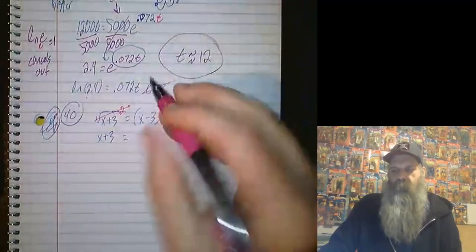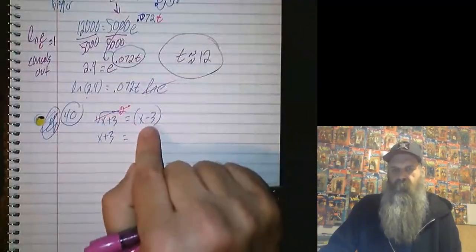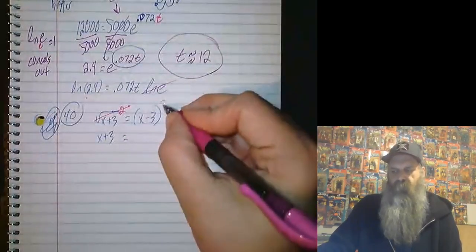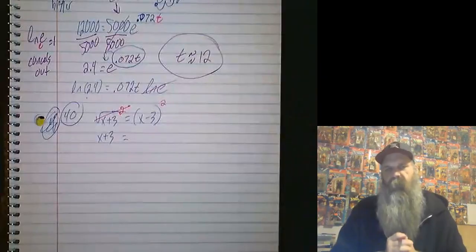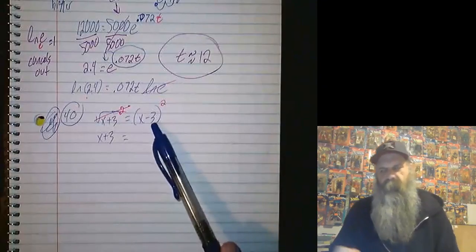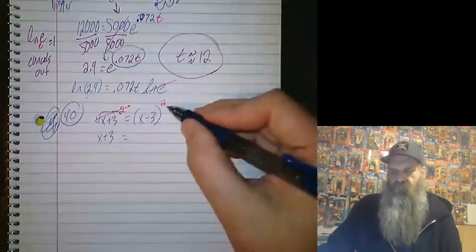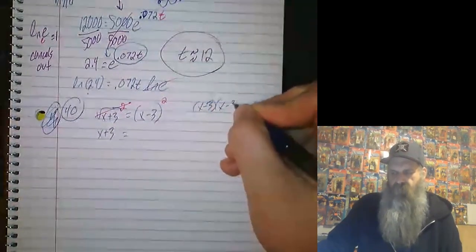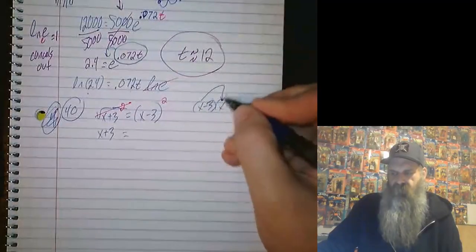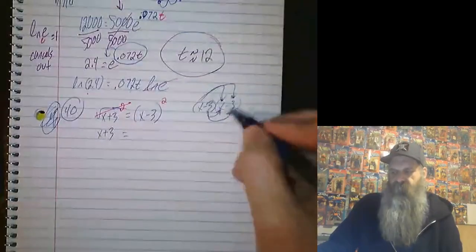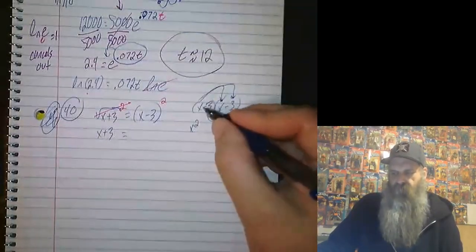But here, think about your binomial as having parentheses around it because we need to square the binomial. You can't just square the x and just square the 3. As I said early in the course, a binomial squared means you write it twice and FOIL it out. X times x is x squared.